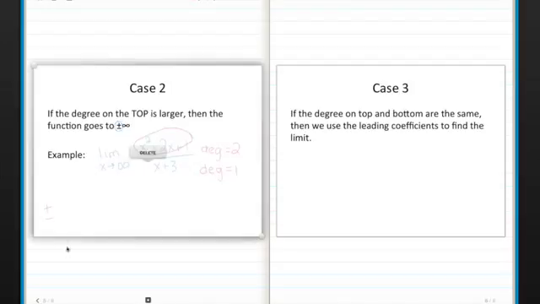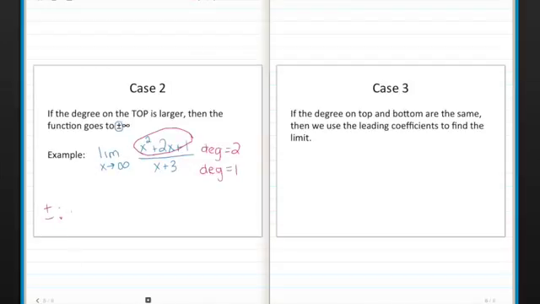To determine if it's positive or negative, we want to look at the leading coefficient. The leading coefficient is the coefficient attached to the term with the largest exponent. In our case, this would be a positive 1. Because that coefficient is positive, the function will go to positive infinity. If that coefficient was negative, then our function would go to negative infinity.